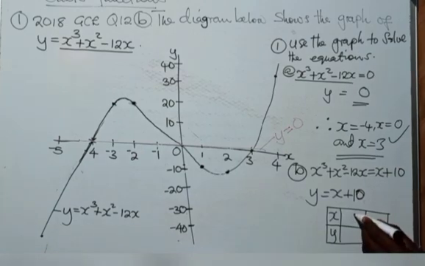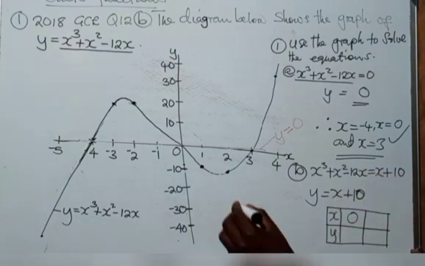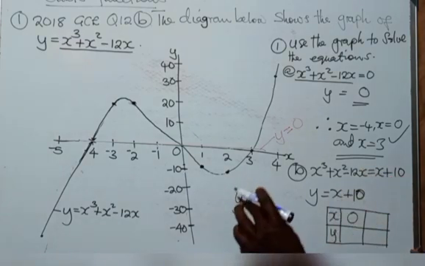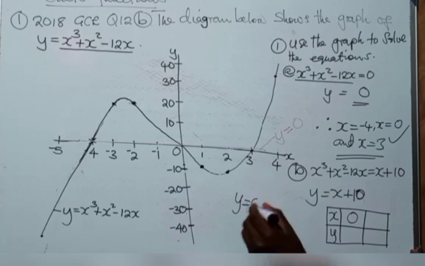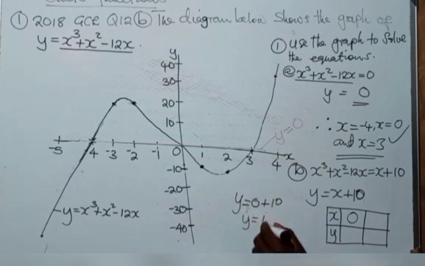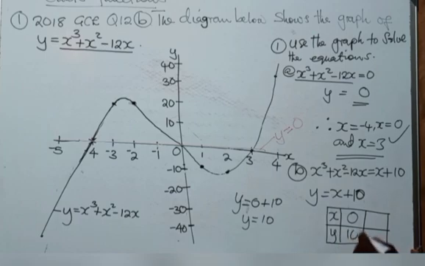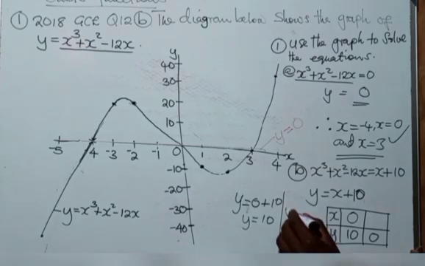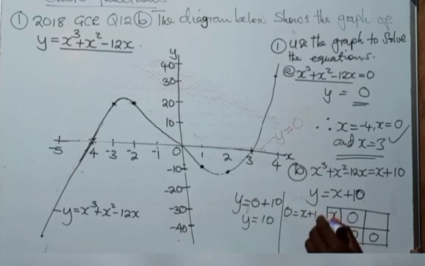So we say let x be 0. If x is 0, meaning we are going to have y is equal to 0 plus 10, and the value of y will automatically be 10. Then for another one, let y be 0, meaning we are going to have 0 is equal to x plus 10.